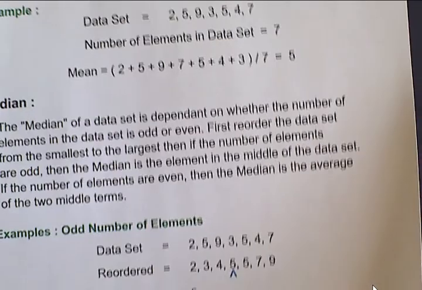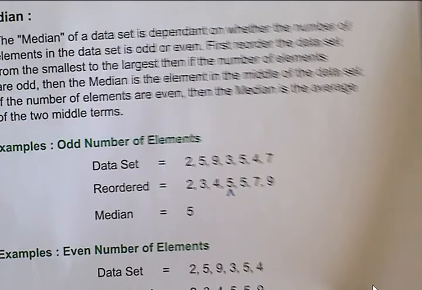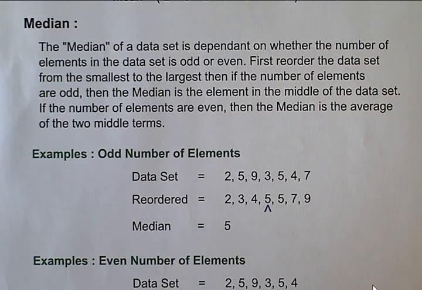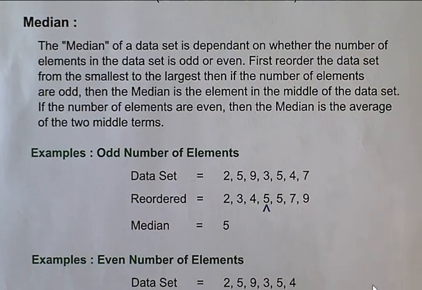Okay, the second one they've got is actually broken up into a couple different parts here. Remember talking about median. The median is the middle. Okay, the middle physically. The median of a data set is dependent on whether the number of elements is odd or even. So your first step is to go through and make sure they're in order.